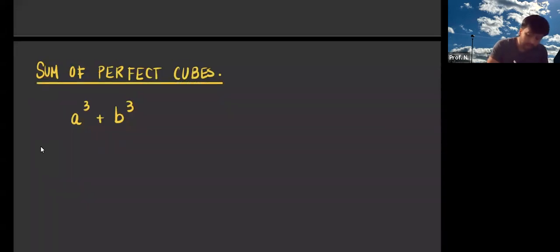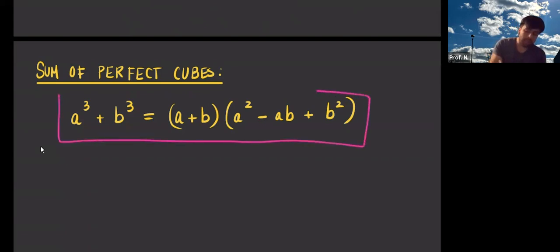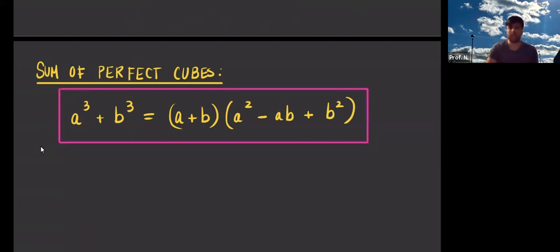This will equal a plus b, parentheses, a squared minus ab plus b squared. This is the sum of two perfect cubes, and this is what it is factored into.